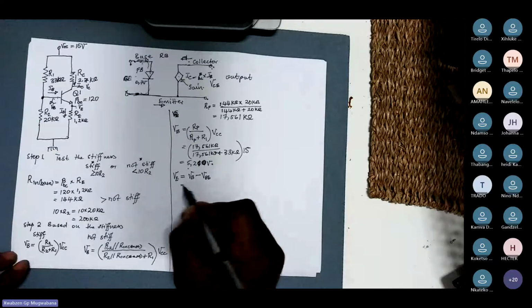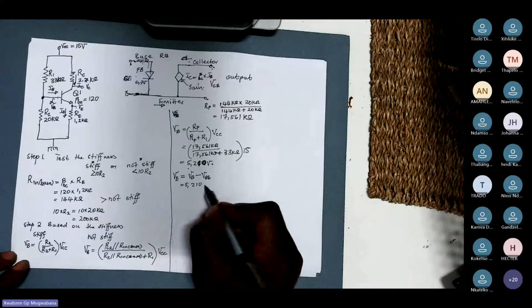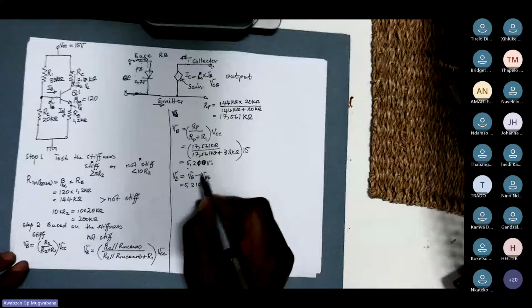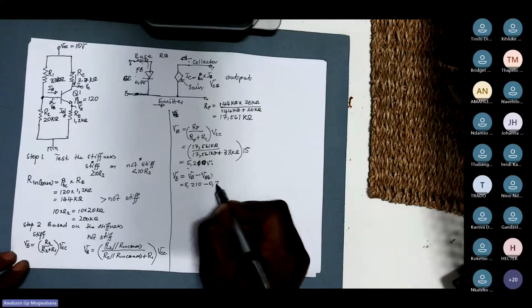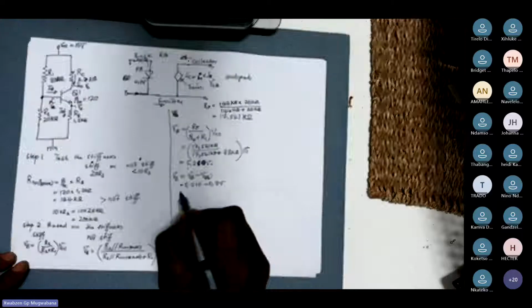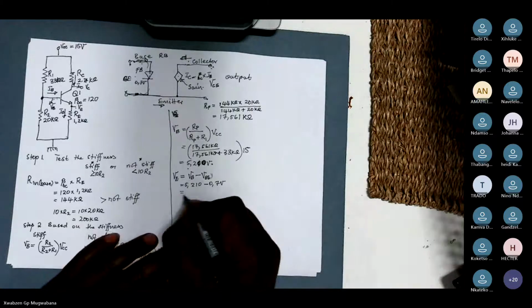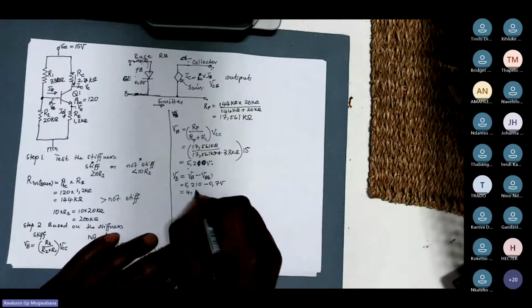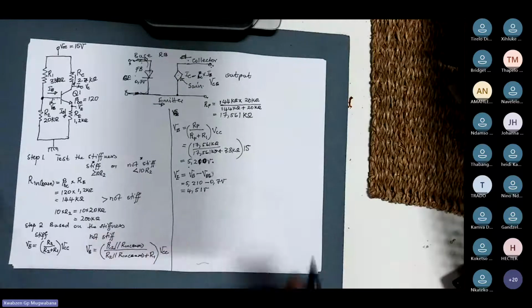In this case, it's going to be 5.210 minus the voltage across the base, 0.7 volts, which gives you 4.51 volts. That is what you determine.